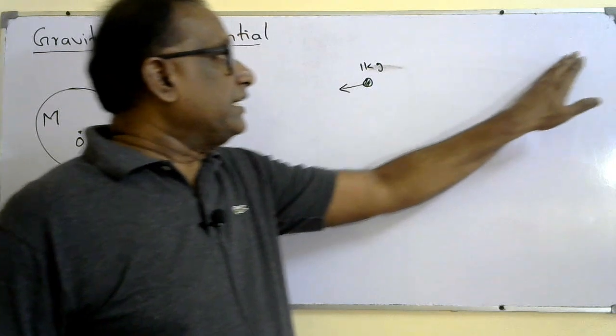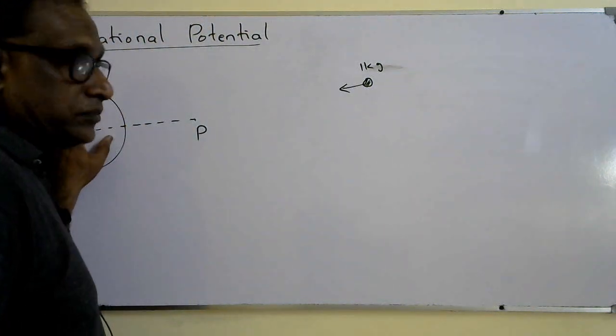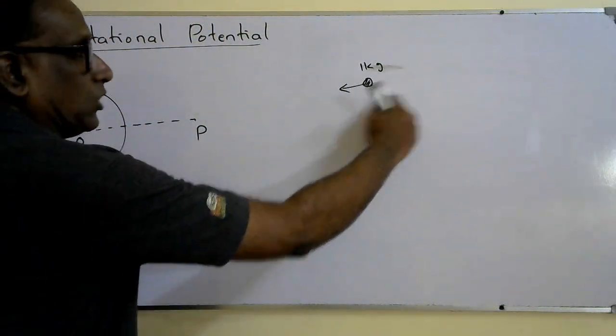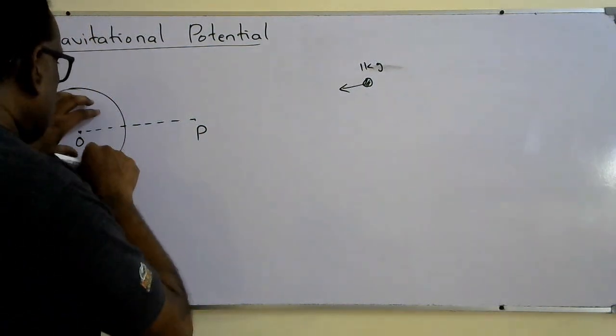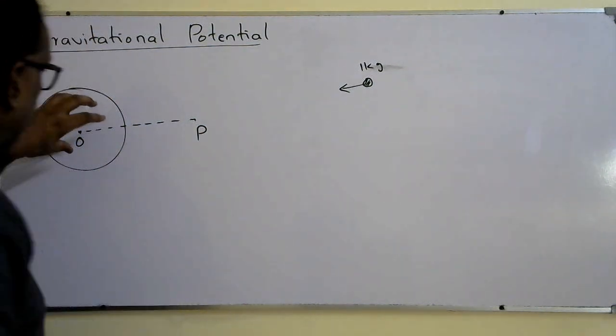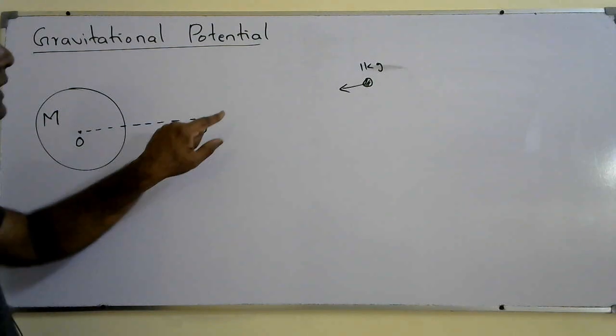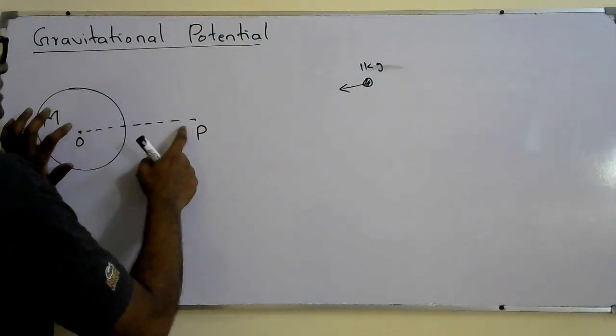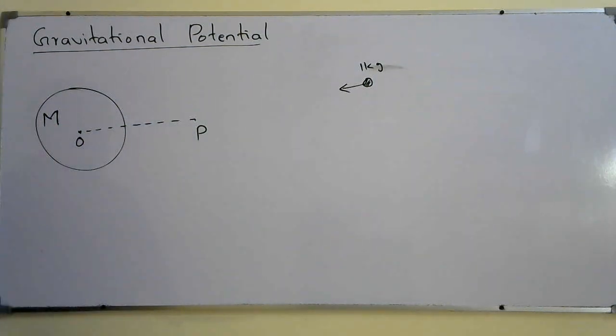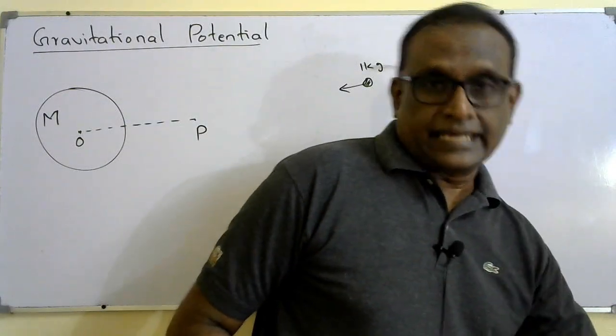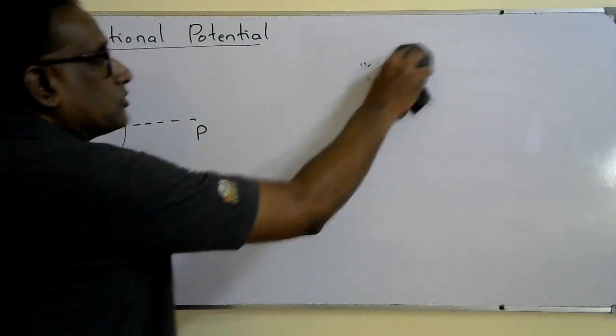When the 1 kilogram mass moves, the gravitational potential created by this mass M will decrease when its distance from the mass decreases. So the gravitational potential is always negative because of the attractive force between the mass M and the 1 kilogram mass.